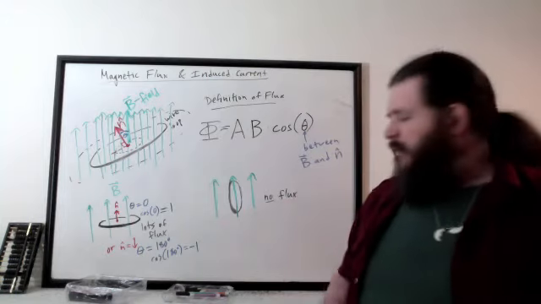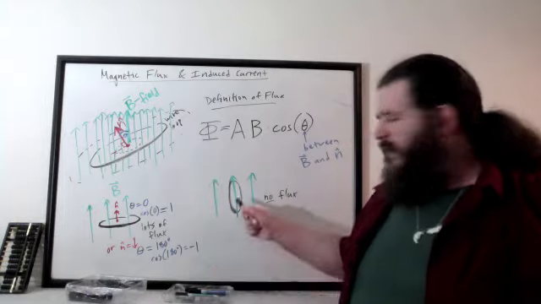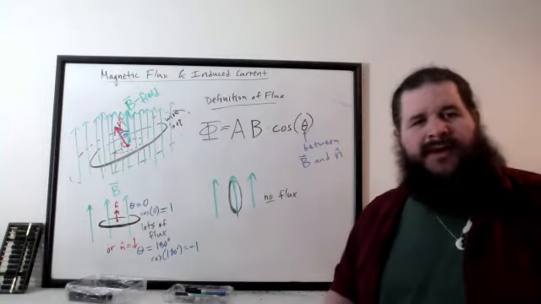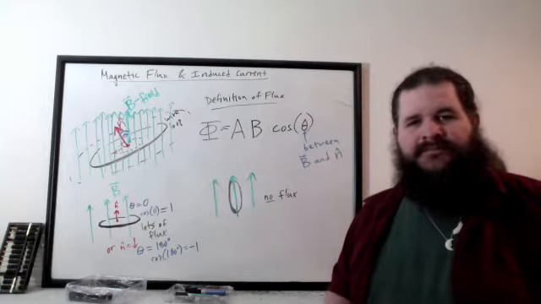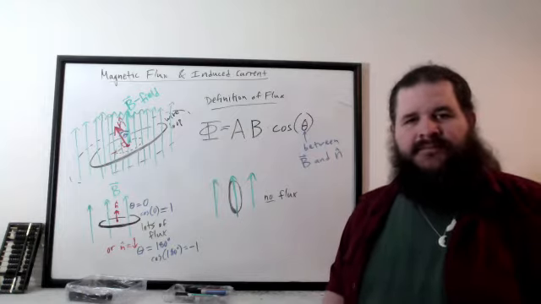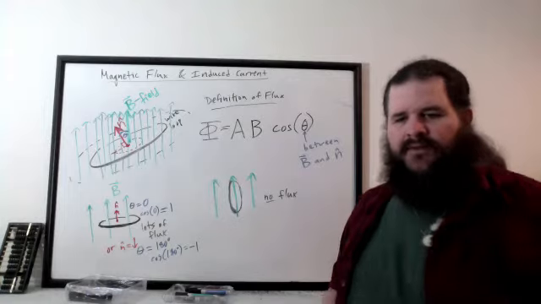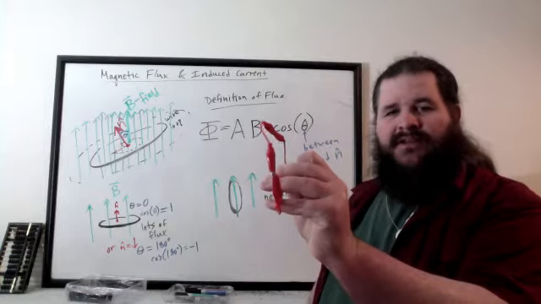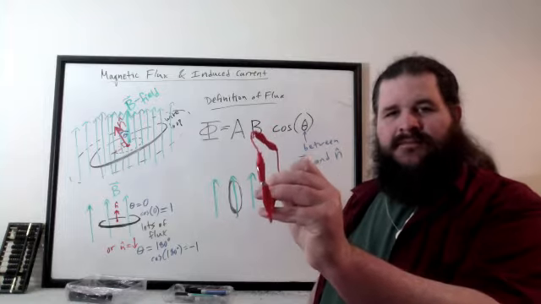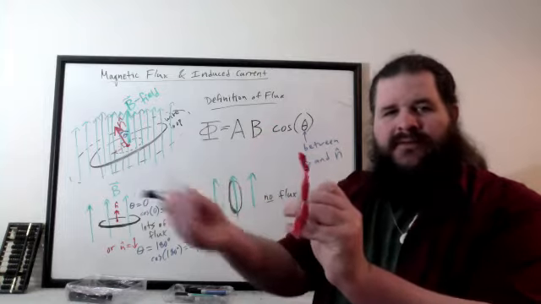And the reason for that mathematically, if we want to choose a normal vector for this, what are our options for direction of the normal vector? If we've got a loop of wire oriented like this, which directions are perpendicular to that? Yeah, to the right or to the left.